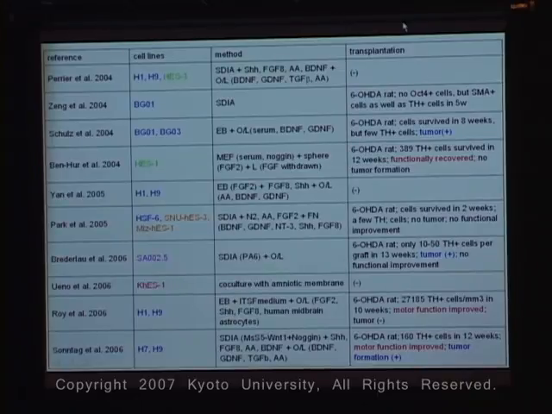So, roughly speaking, if you succeed in getting a lot of Th positive cells in the brain, we can expect motor function improvement by the cell transplantation. Also, we have to be very cautious about tumor formation. Even though it was a xenograft from human to mouse, 3 papers reported tumor formation. So we have to think about this, and we have to prevent it.